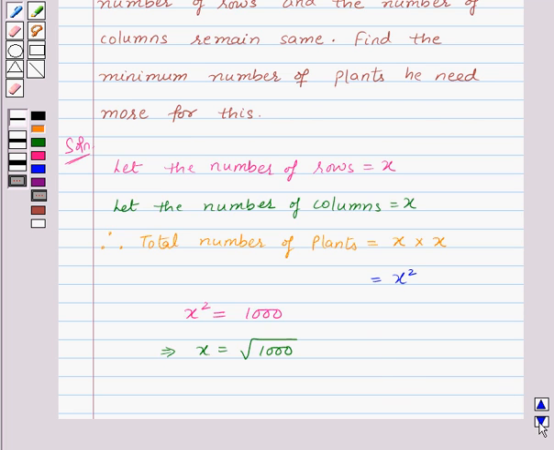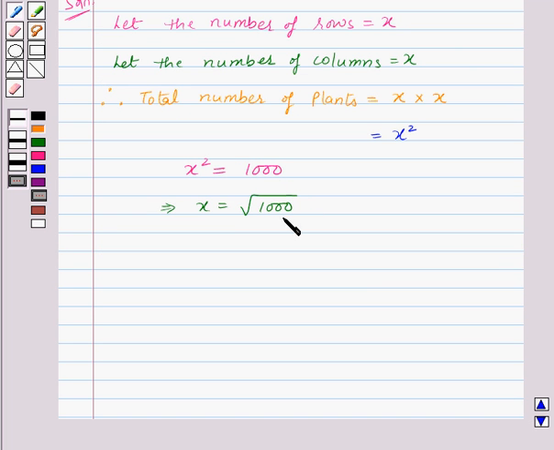Now let's find out the square root of 1,000 by the long division method. First of all, place a bar over every pair of digits starting from the ones digit, that is 0. So let's place a bar over 0, 0 and 10. Now take the number under the leftmost bar, that is 10, as the dividend.